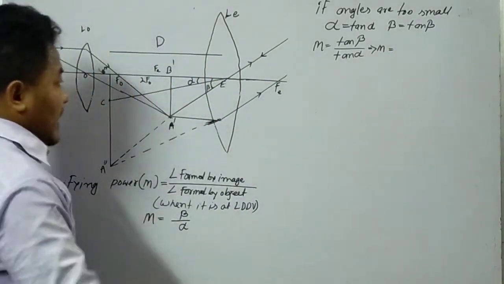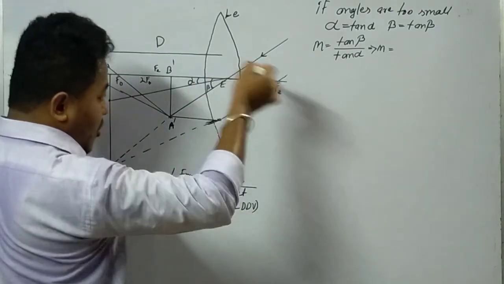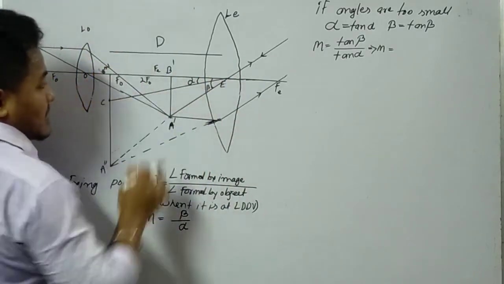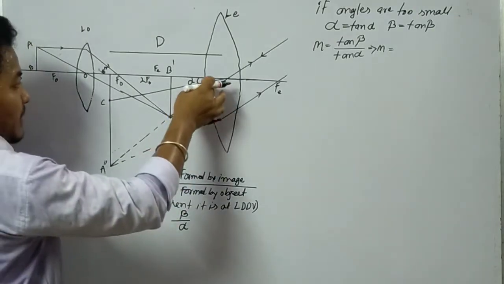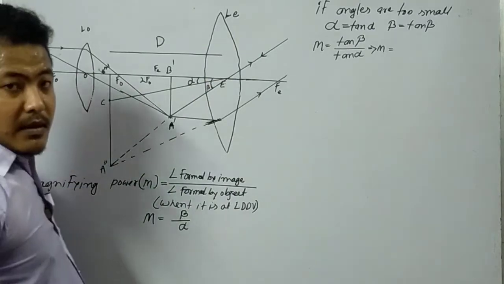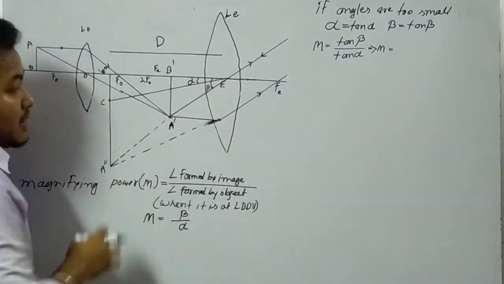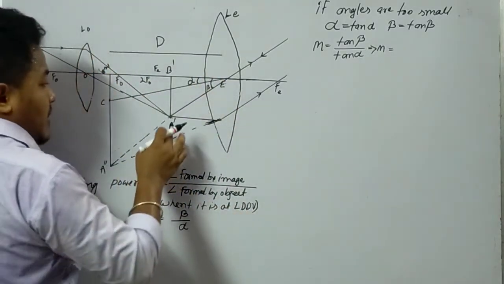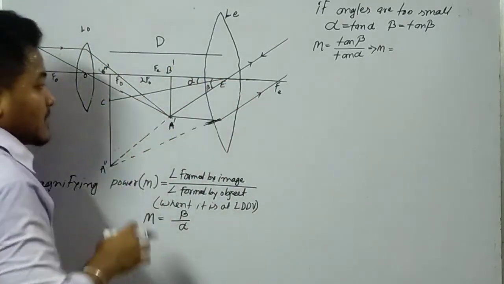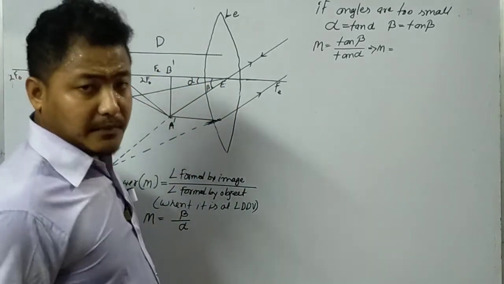How can you find the tan beta in this case? This is beta, and beta belongs to the triangle A double dash E B double dash. But instead of considering the big triangle A double dash E B double dash, we can consider the triangle A dash E B dash, because considering them is completely the same.